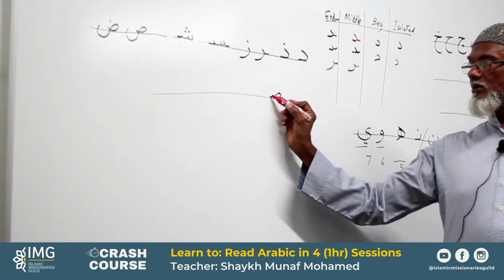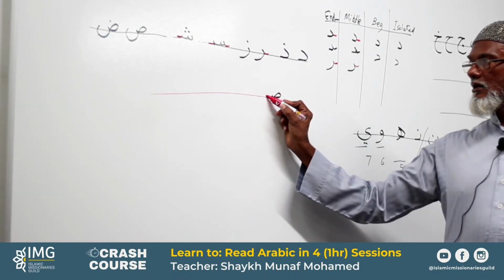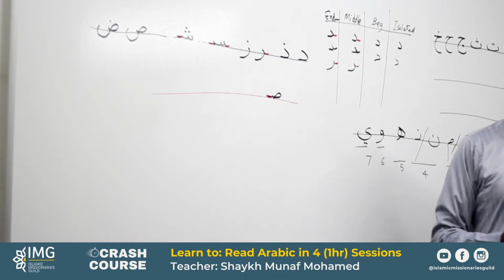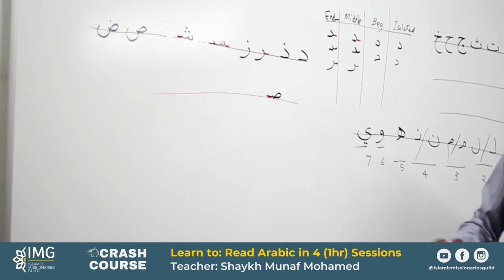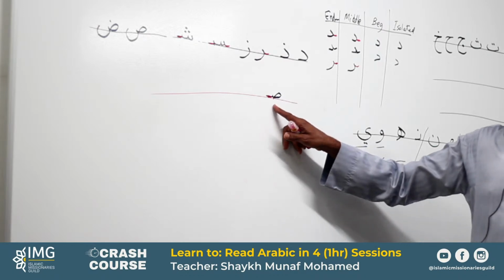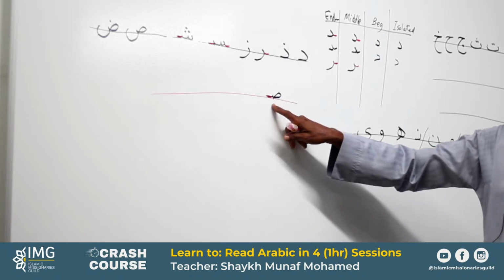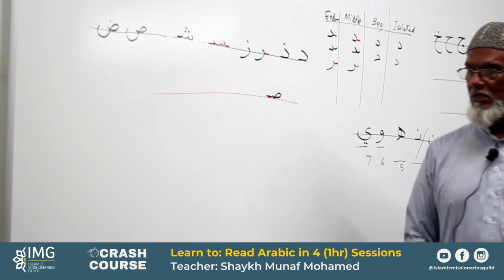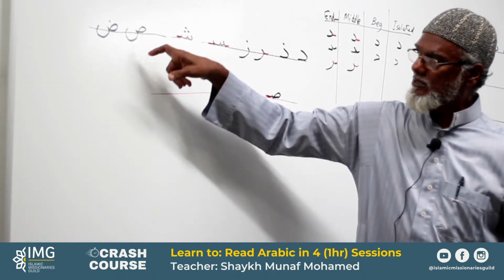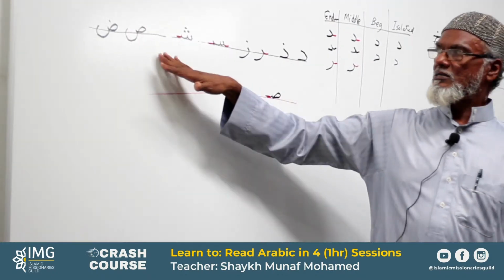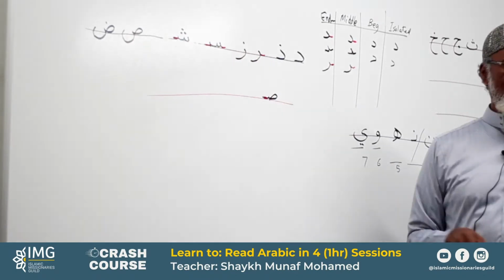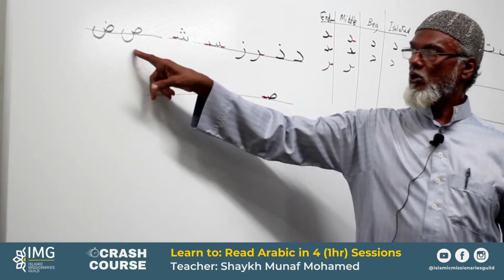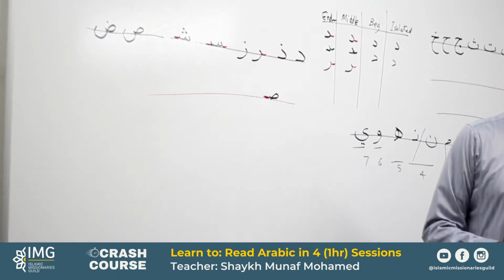So it goes like that. We're not focusing too much on writing because it's not a writing course, it's a reading course. But you have to recognize the letter. It's sod. What had actually happened there is that this part that went below the line is taken off and it remains on top of the line. So you have sod and dod.